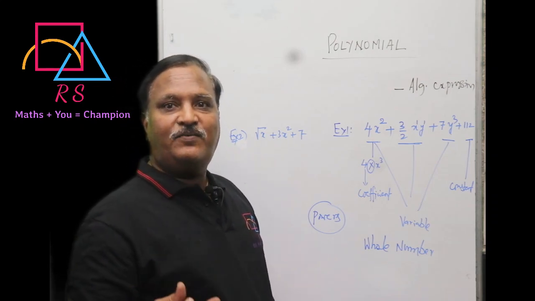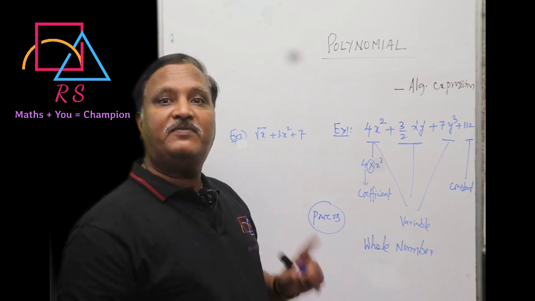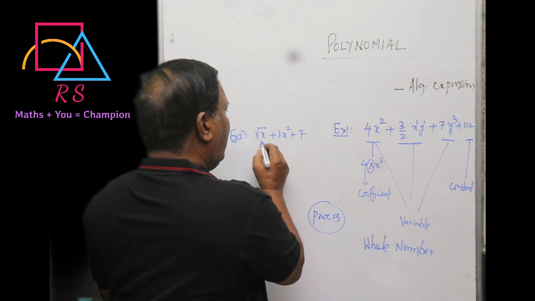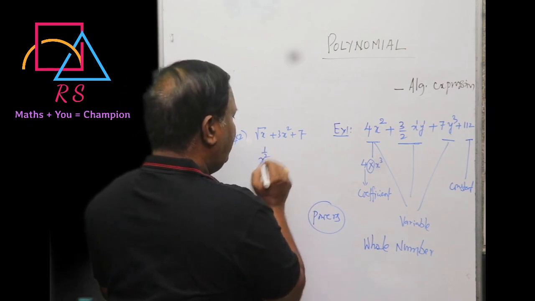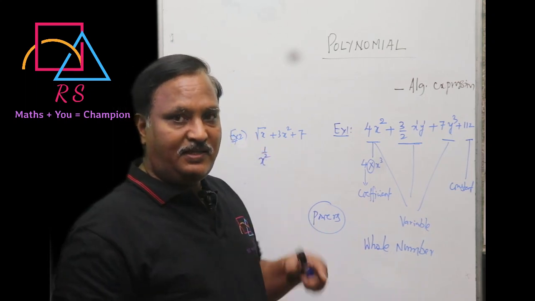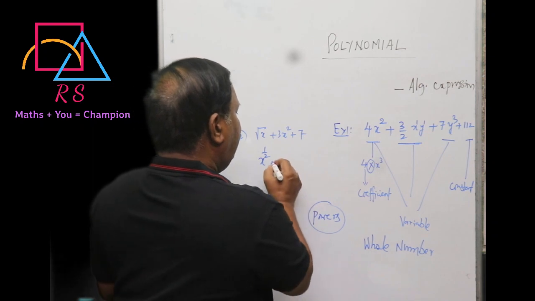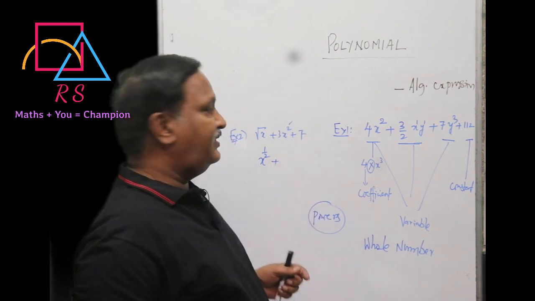When you want to check, you should always check the powers of the variable. Here this is a radical, so the power will be 1 upon 2. Square root means to the power of 1 upon 2, as you must have learned in the third chapter. The other power is 2, and of course the last term is a constant.